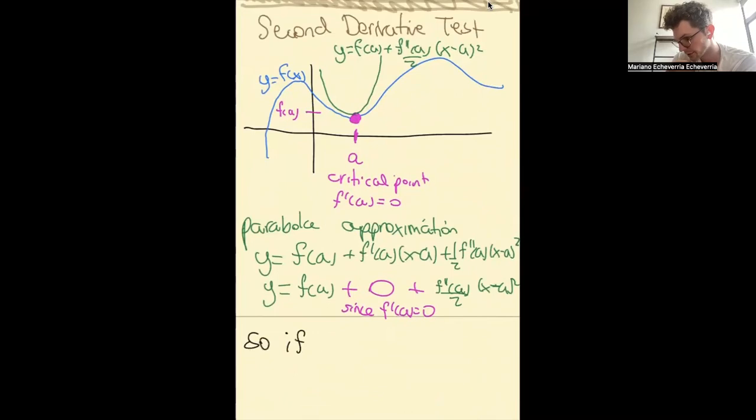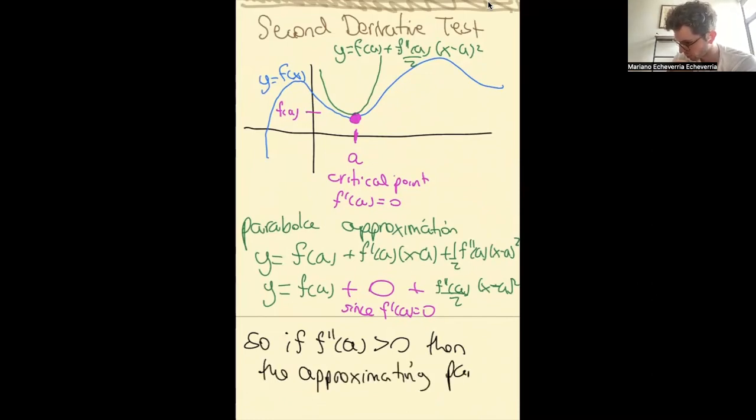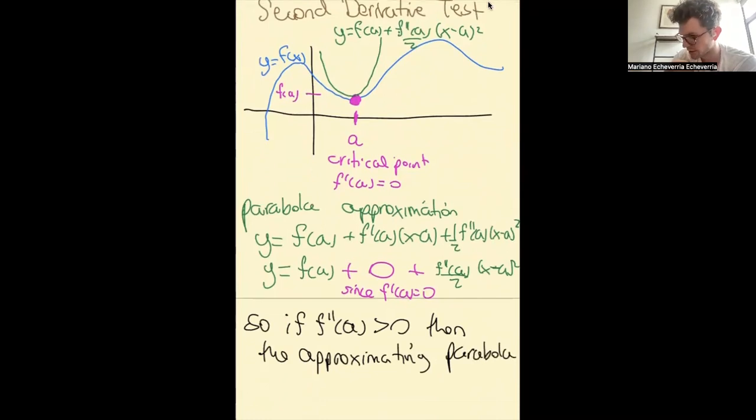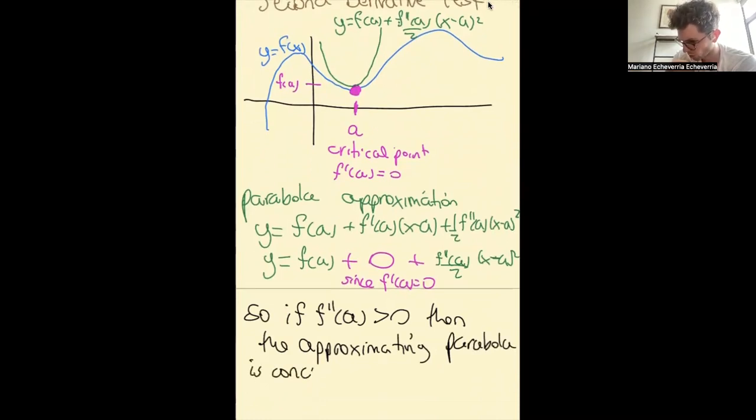So if the second derivative of f at a is positive, then the approximating parabola is concave up, or happy.